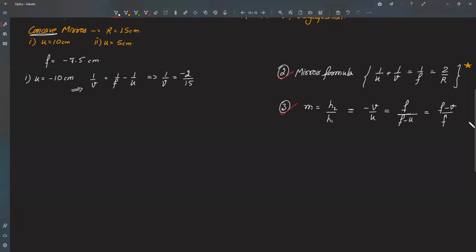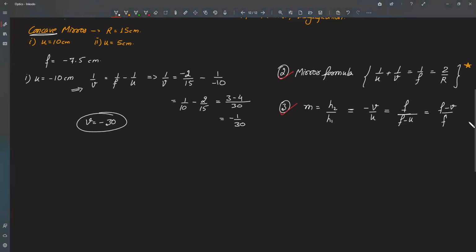So this is -2/15, and then -1/u. U is -10, so this is 1/10 minus 2/15. LCM is 30, and it will be 3 minus 4, that is equal to -1/30. That means V is equal to -30.